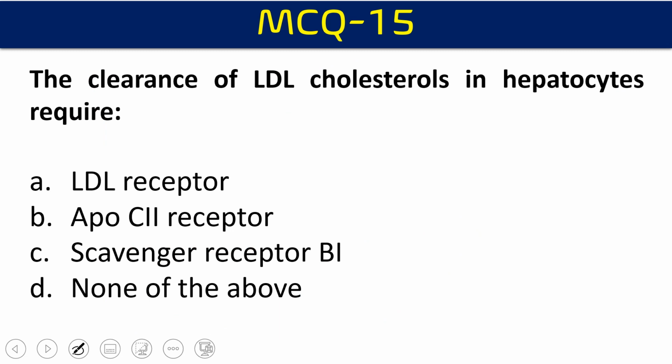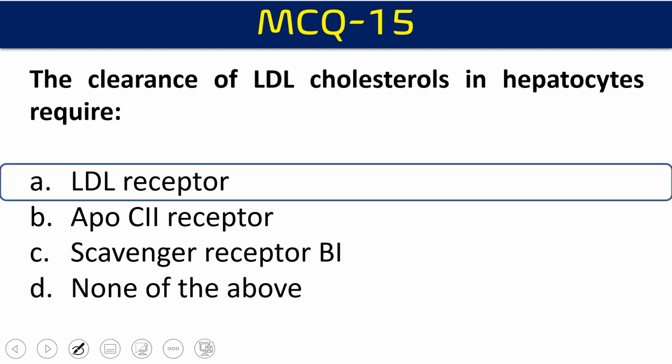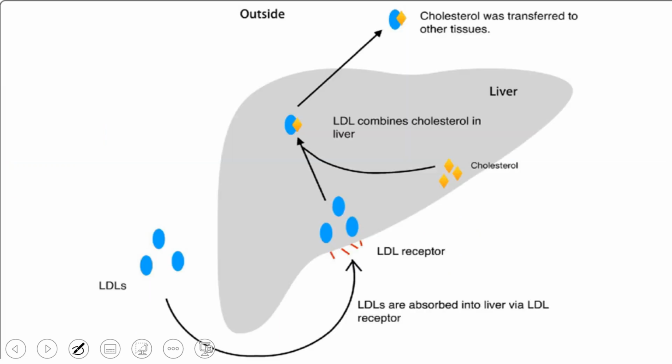Next question: the clearance of LDL cholesterol in hepatocytes requires the LDL receptor, ApoC2 receptor, a scavenger receptor, or none of the above. The correct answer is the LDL receptor. We have LDL in the circulation. This LDL will be taken into the hepatocytes with the help of the LDL receptor, which recognizes B100 and apolipoprotein E, and it will be taken back.